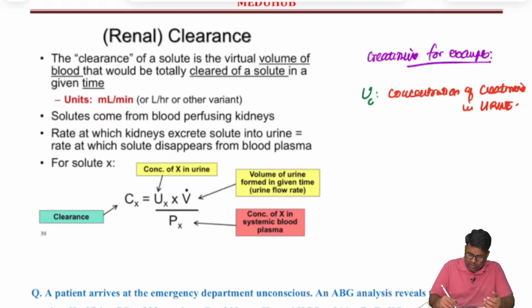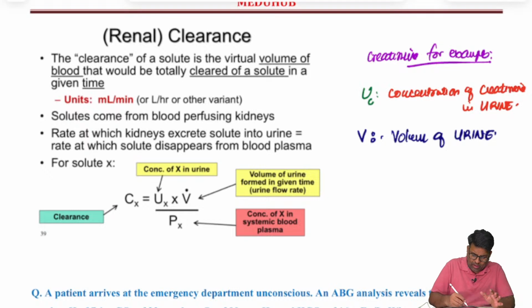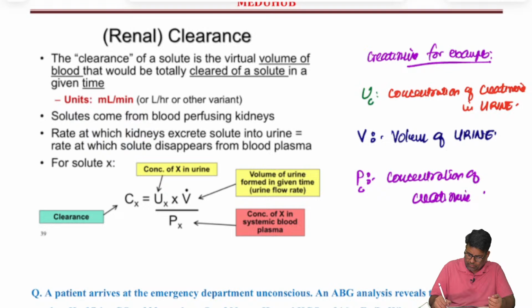Okay, then the letter V is the volume of urine, the total volume of urine at that given period of time, right? So this is the total volume of urine. This is the volume of urine, and then P is, or in fact, this is PC because we are discussing creatinine. So this is the concentration of creatinine in plasma, or what you say, blood, right?